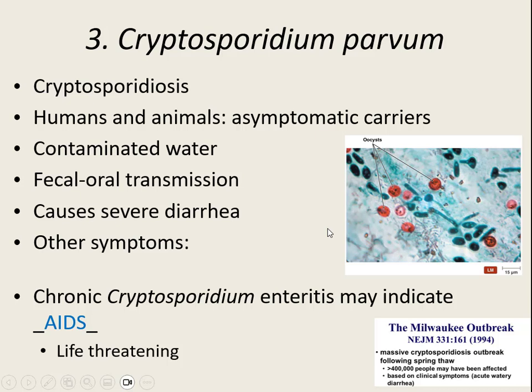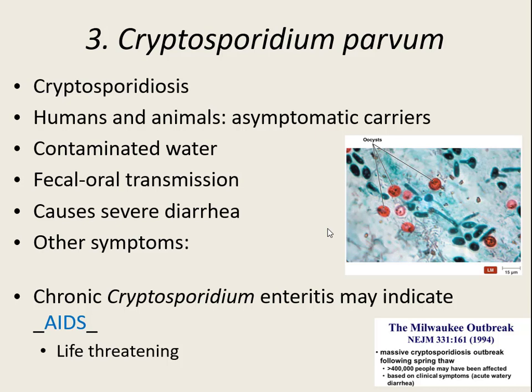Our third of our apicomplexan group is Cryptosporidium parvum, causes cryptosporidiasis. Now, humans and animals are, for a lot of people, asymptomatic carriers. In developing nations, it's not uncommon that you could have up to a third of humans as carriers.